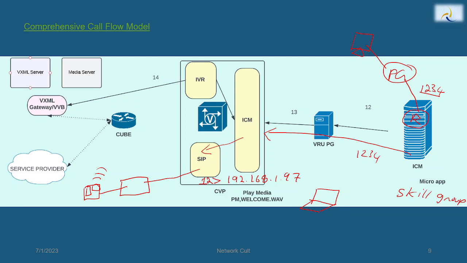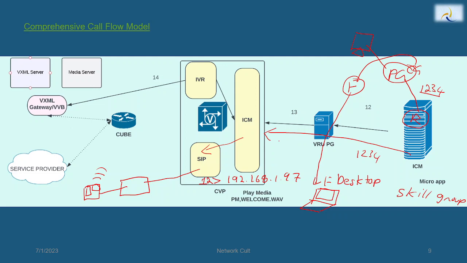This information will be relayed at the same time from the PG to the CG server, that is the CTI gateway, and then the CTI gateway is connected to the Finesse server, and Finesse is managing the Finesse agents, the Finesse desktop. That is how the phone and the Finesse application or the Finesse desktop will ring simultaneously.